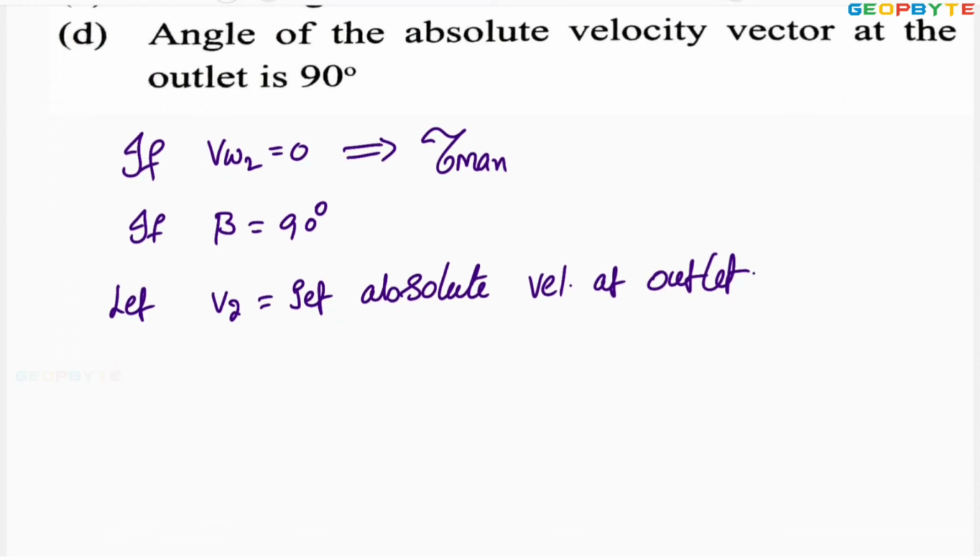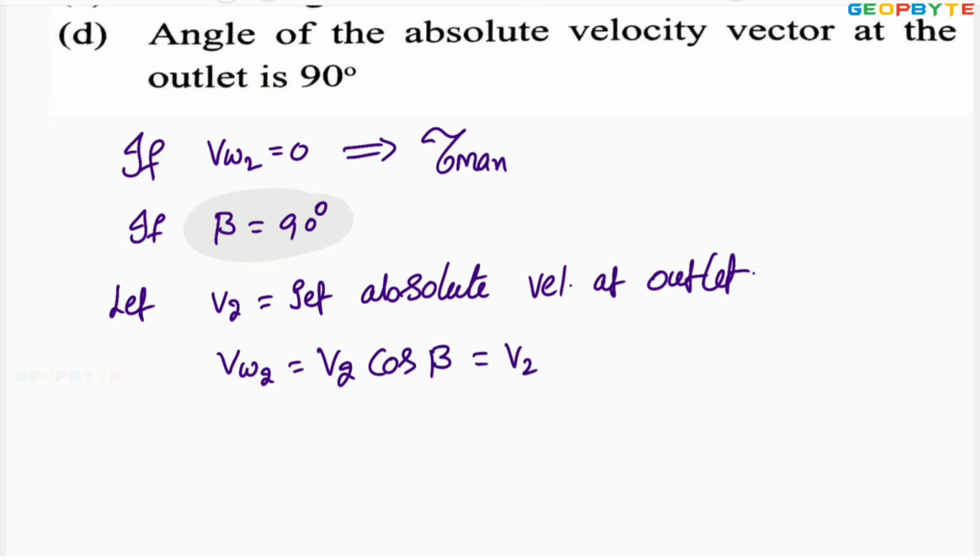If V2 is not equal to 0, if V2 is making an angle beta, beta be the angle made by the V2. If beta is 90 degrees, then horizontal component of velocity Vw2 equal to V2 cos beta.